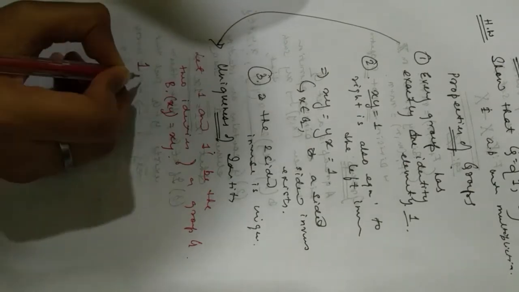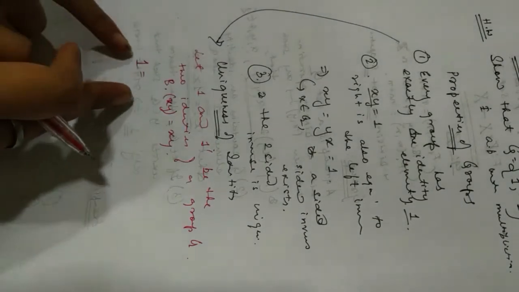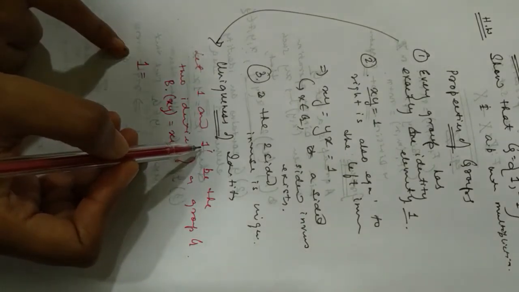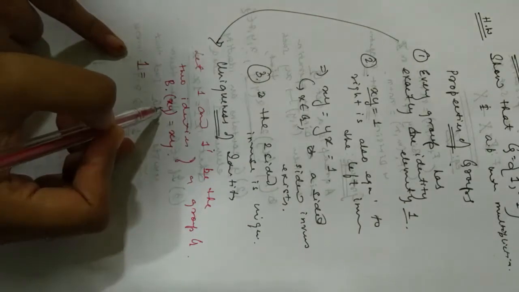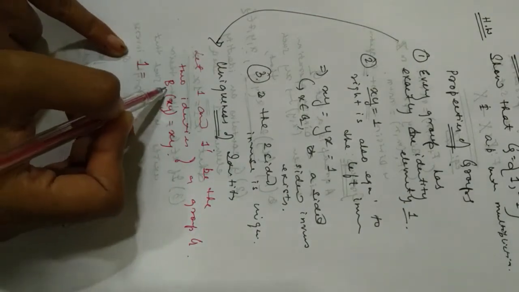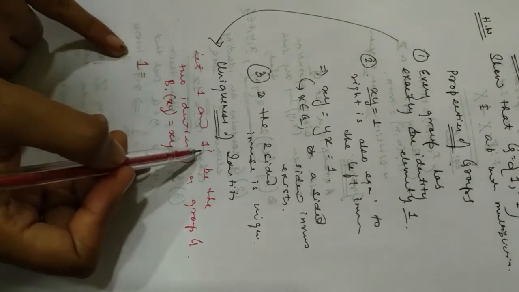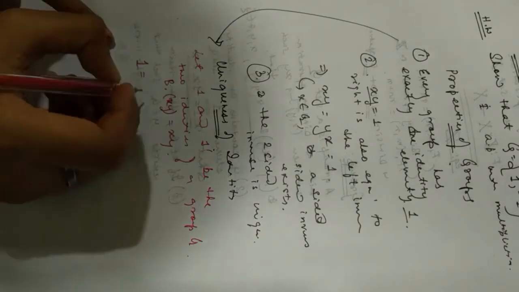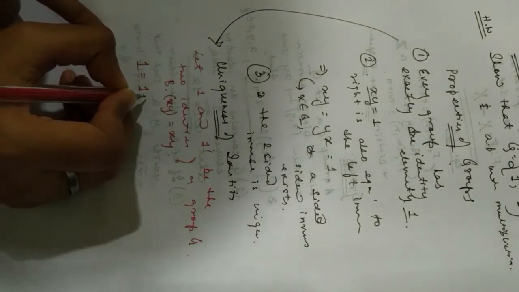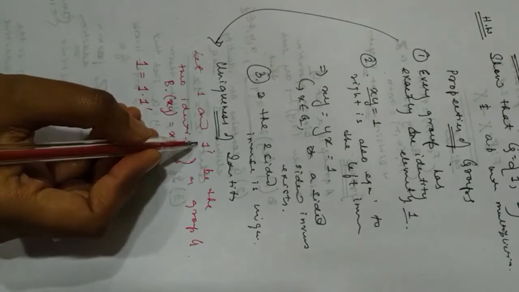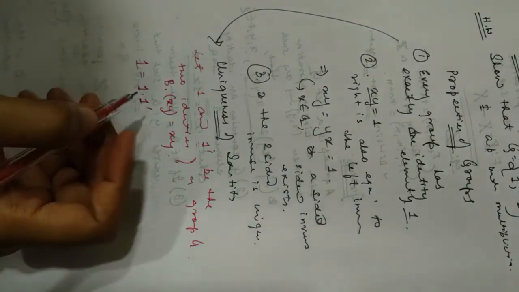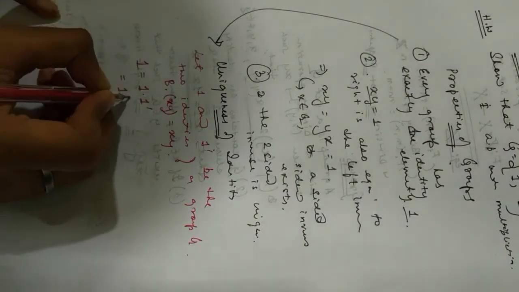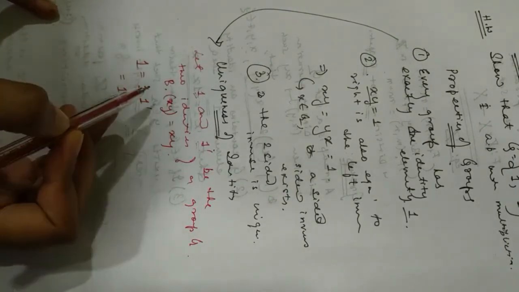Okay, so we'll start with the 1. This 1 is an element, right? And we have said 1 prime is also the identity element, right? Whenever we are multiplying any element with the identity element, we'll get the same element. So 1 can be written as 1 dot 1 prime, because we have considered 1 prime to be the identity element, right? Which is equal to 1 prime, because we have also written 1 is also the identity element.